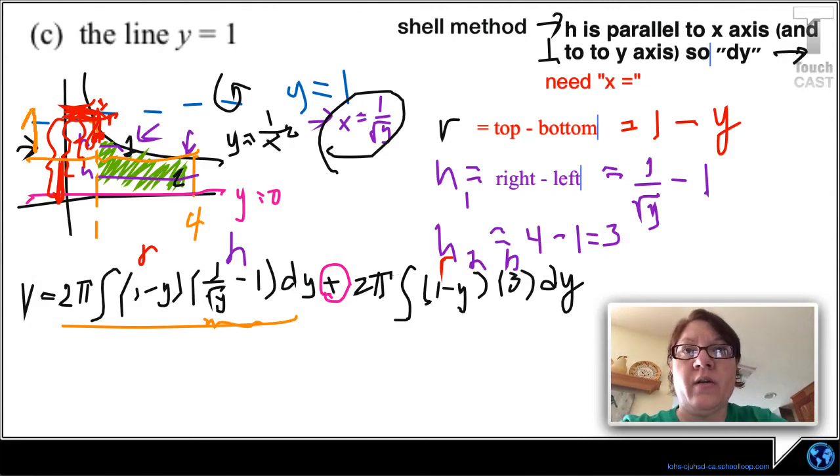And when x is 4, that bottom value will be 1/16, just by substituting in 4 for x. And the top height of y will of course be when it hits that line, the spin axis y equals 1.